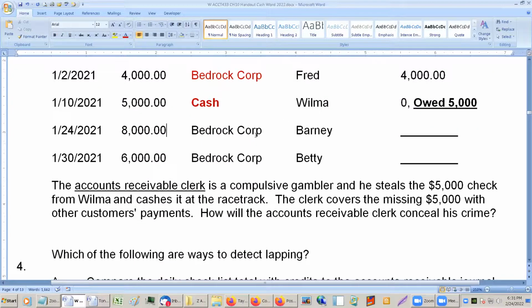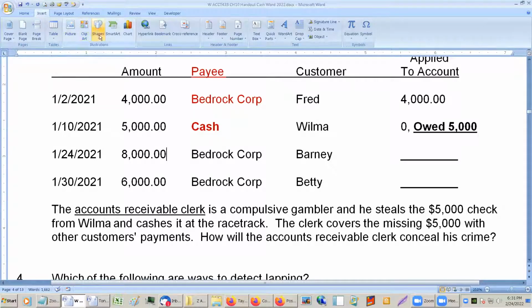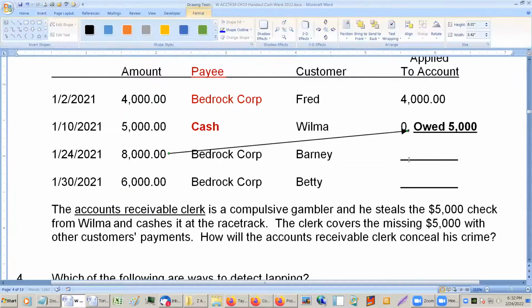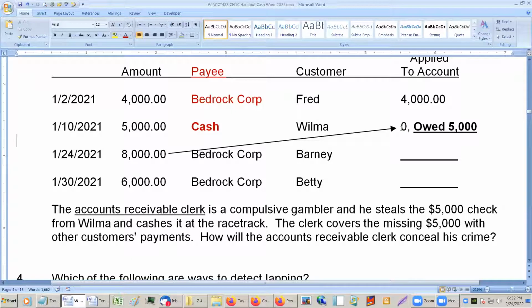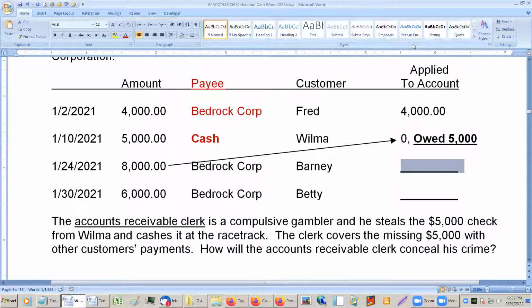Okay, so we take Barney's check and say, okay, we're going to take 5,000 and pay off Wilma. Okay, now, how much gets applied to Barney's account? 3,000.